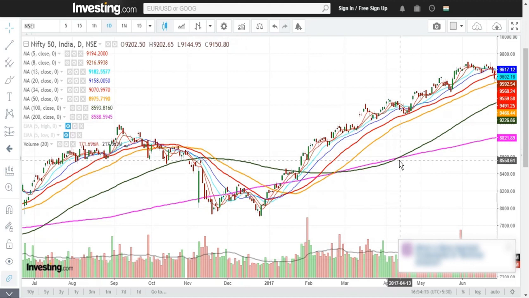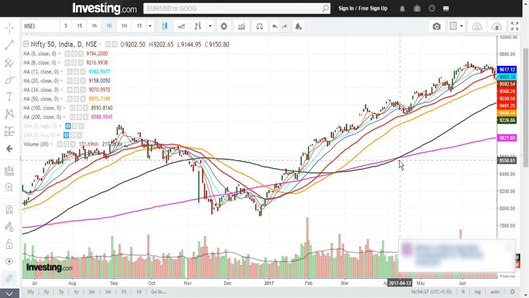So basically, when we are looking at shorter period moving average crossovers, they give early buying signals and they can reverse also. But when we are looking at a longer period moving average crossover, like 50 crossing 100 or 50 crossing 200, in a trending market, they will happen once in a while.